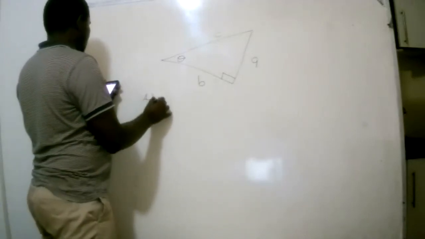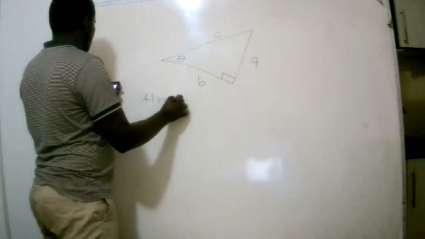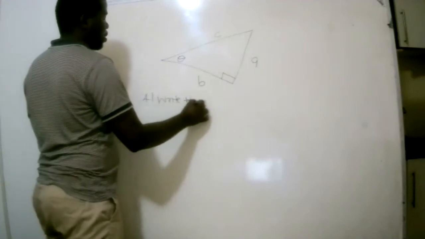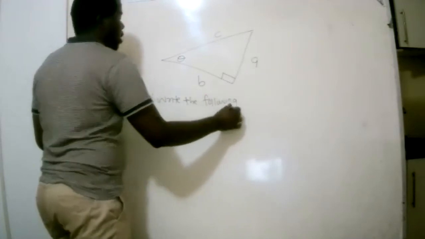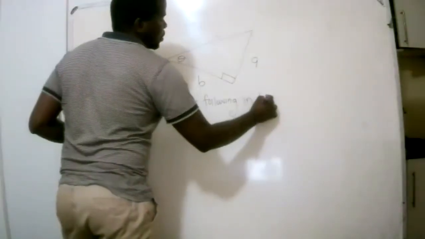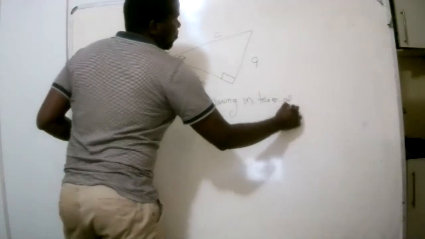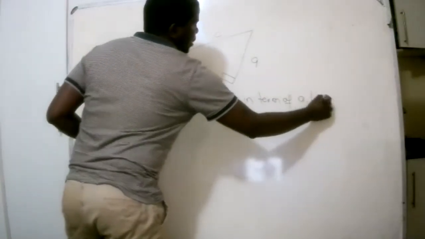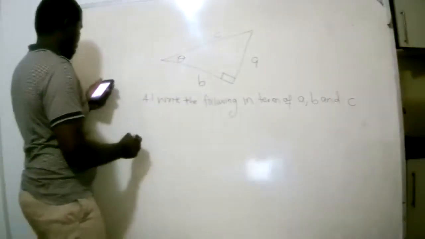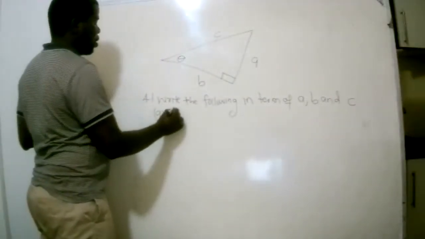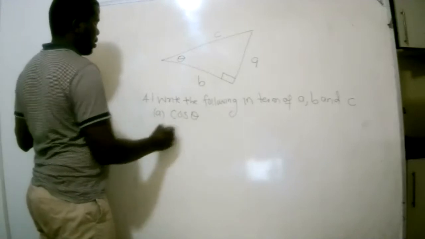These are the questions. The first question says, write the following in terms of A, B, and C. The first question, we have cos theta.